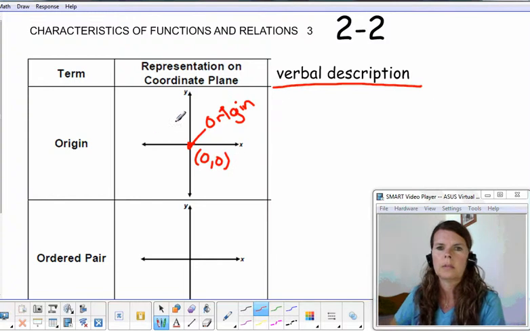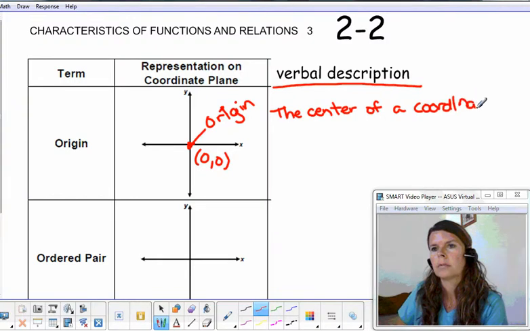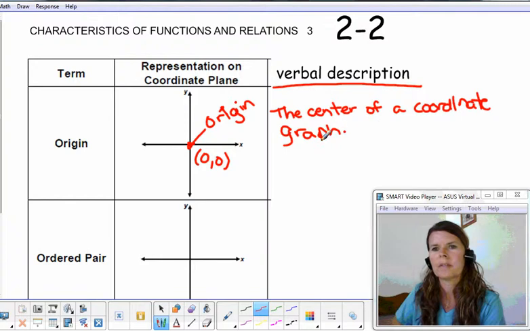And my verbal description might be the center of a coordinate grid or coordinate plane, coordinate graph. A coordinate graph is a 2D graph.